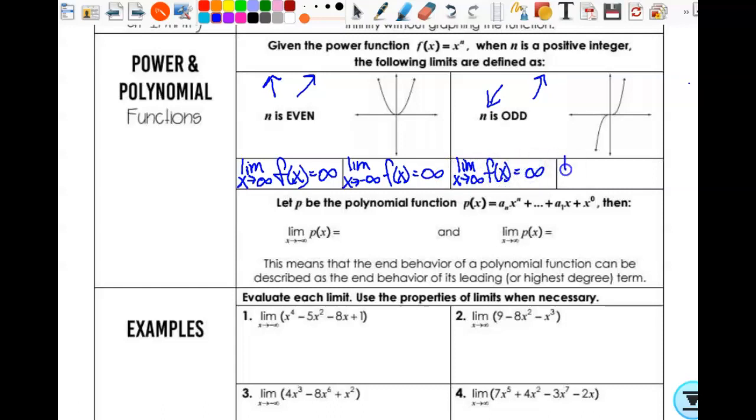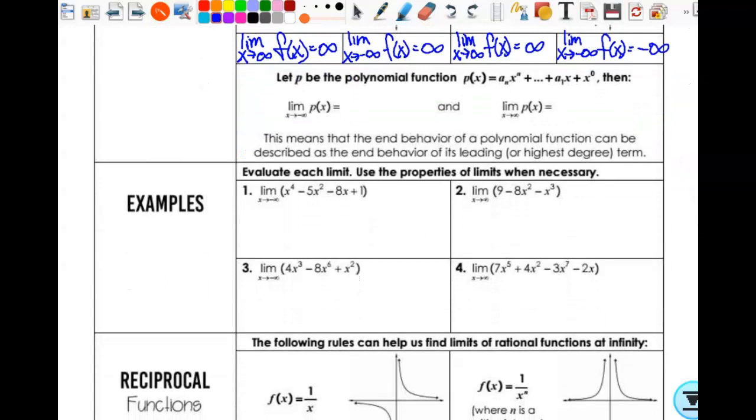Infinity. And the limit as x approaches negative infinity of f of x is equal to what? Negative infinity. Everybody okay with that? Same end behavior stuff you've known forever, just rewriting it in limit notation like we've been doing this last week.